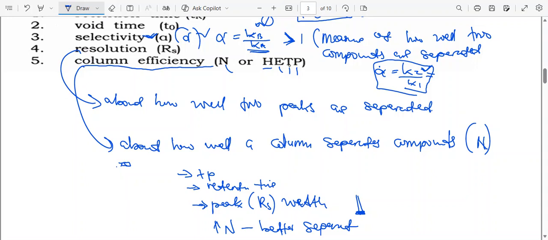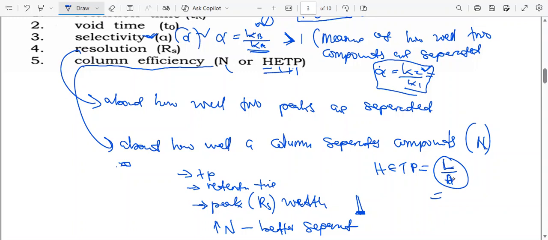Then they have added the information of height equivalent to theoretical plates. This is just the calculation of the height equivalent to theoretical plates, which is given as L over N. If I'm not mistaken, this should be the formula, whereby L is the length of the column.